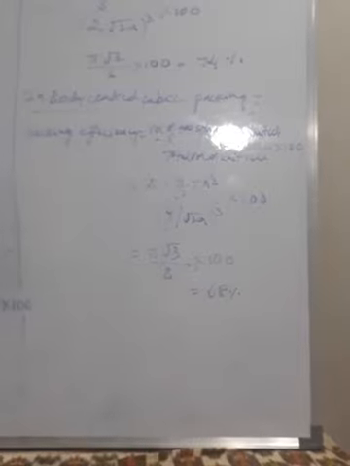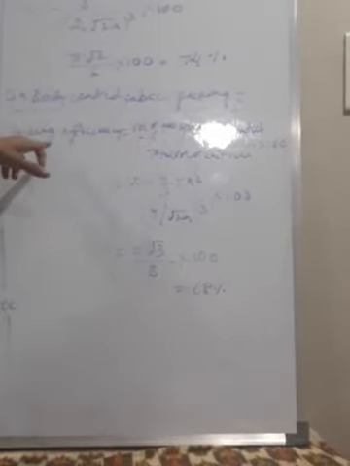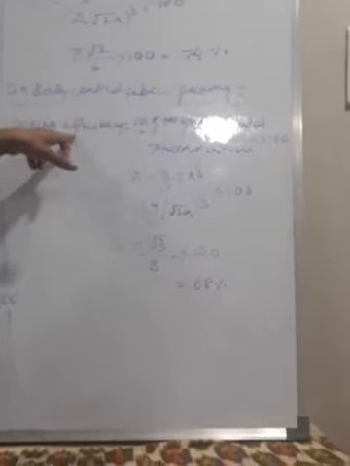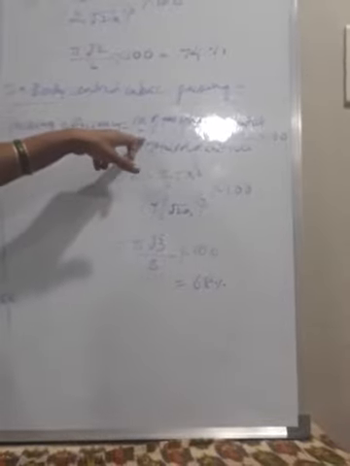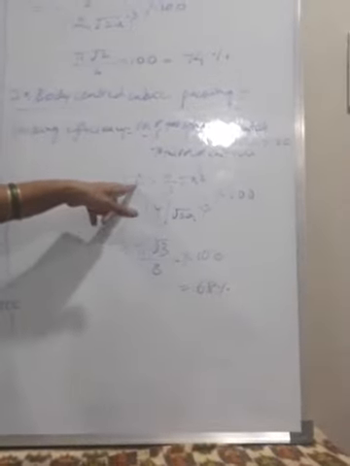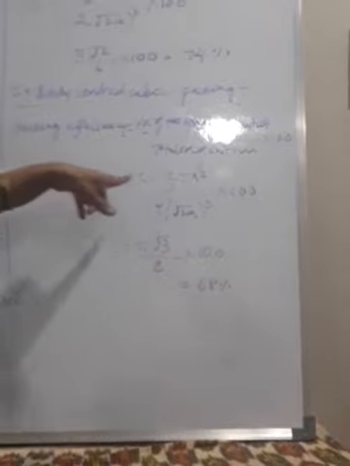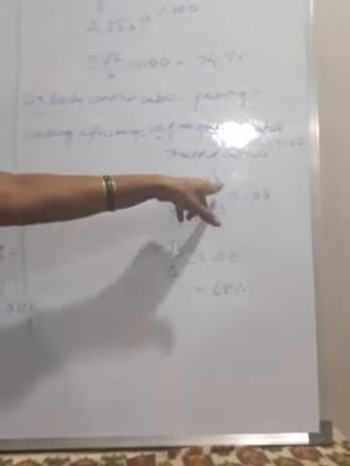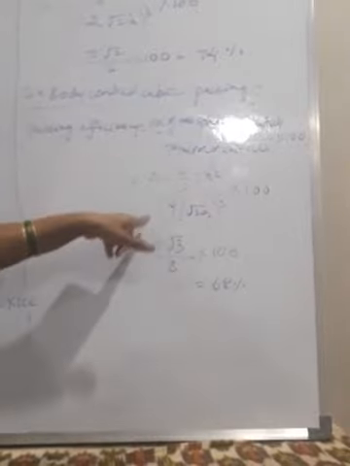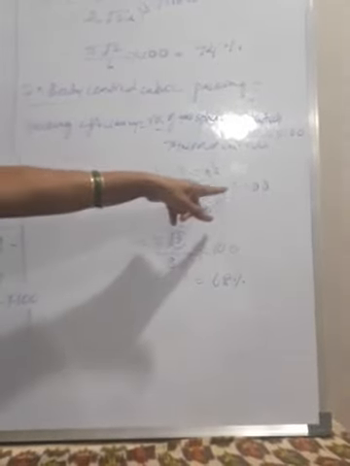So here the packing efficiency is the volume of 2 spheres in the unit cell. The volume of a sphere is 4 by 3 pi r cube. So 2 into 4 by 3 pi r cube by 4 by root 3 r whole cube into 100.